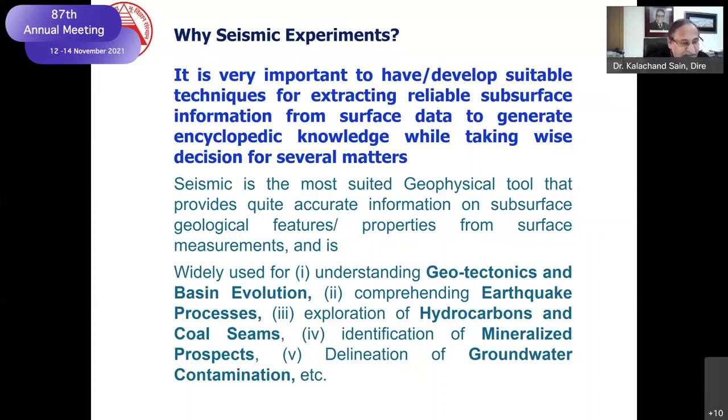Seismic has been one of the most important geophysical tools that provide subsurface information in terms of physical properties like seismic velocities and structures like faults, seals, dikes, and many other features. I will show some examples that contain useful information derived from the surface field data.